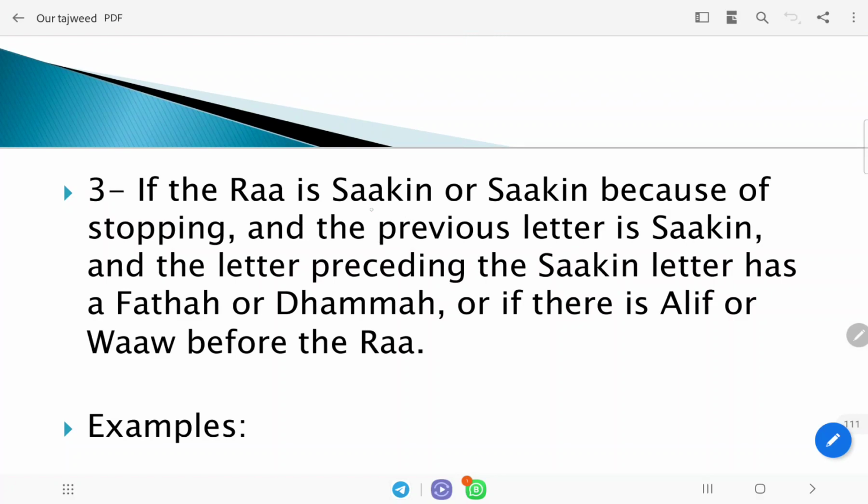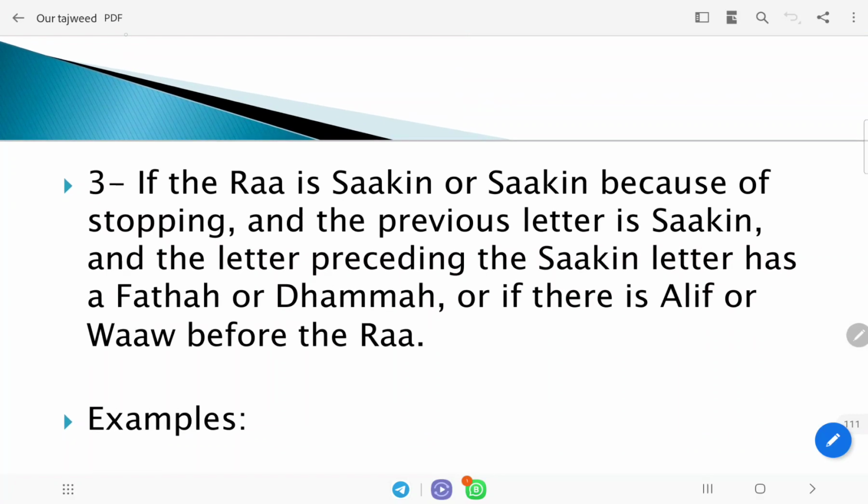The third rule, if the ra is sakin because of stopping, which means that the ra is not carrying sukun, but when we stop at the ra, we will convert the haraka into sukun.